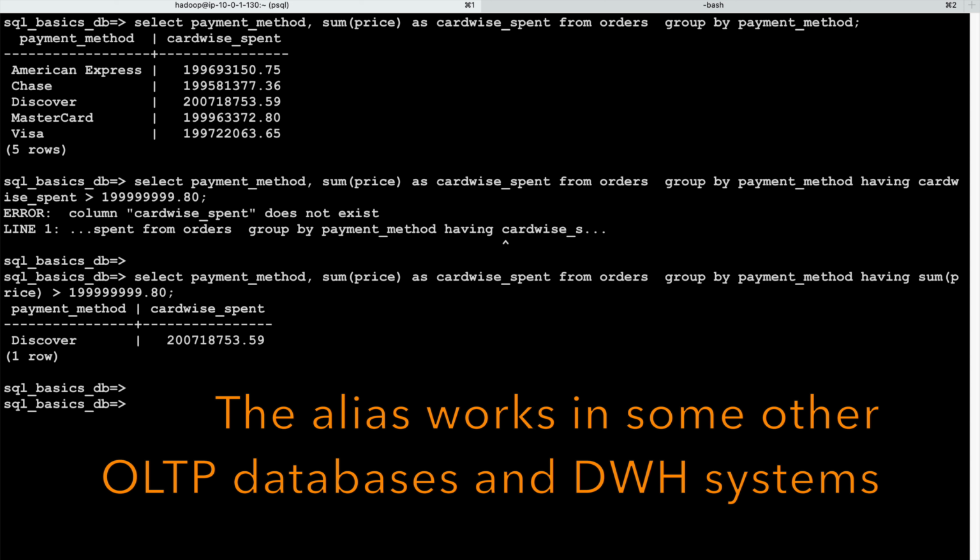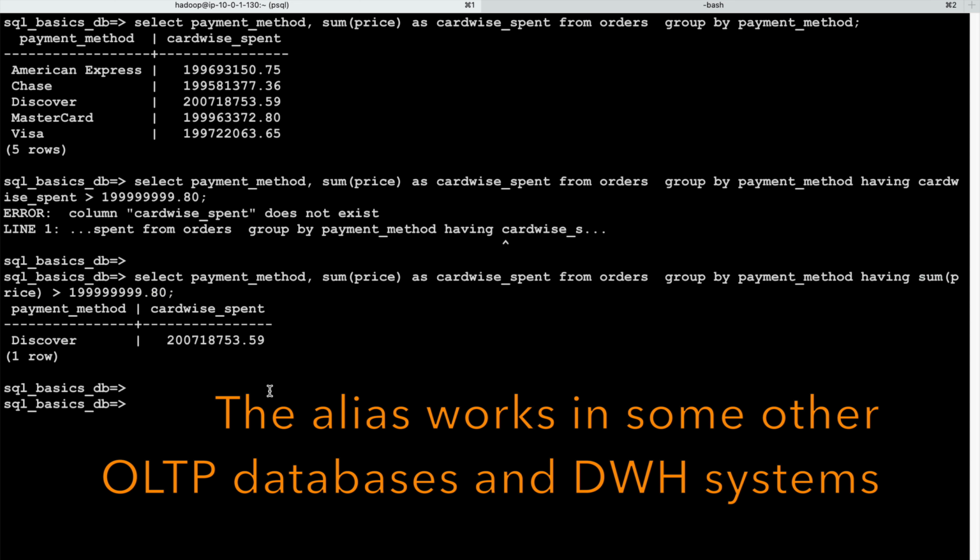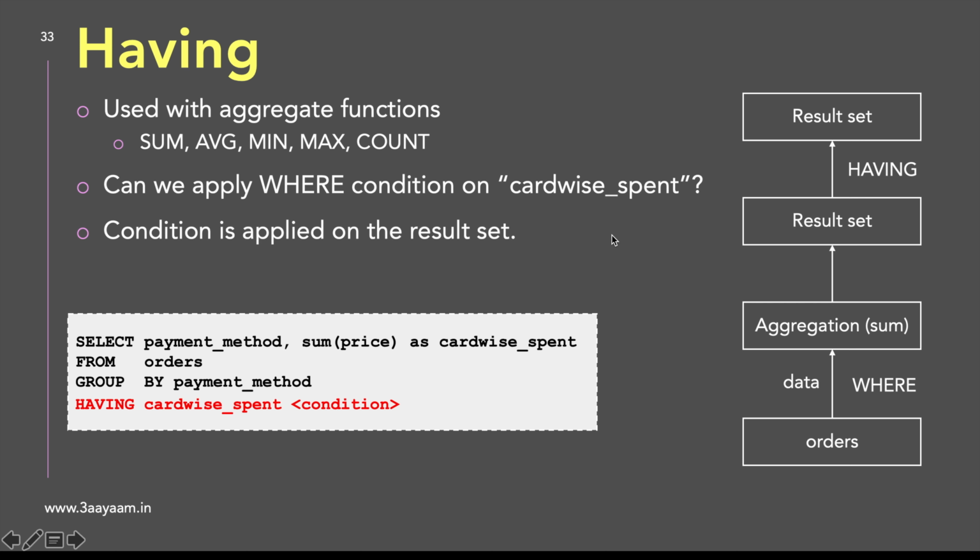As you can see, if I run cardwise spend, it says cardwise spend does not exist. But if we use the aggregate function, sum price greater than this, it is giving me only one output. What happens here is that the having condition is applied on the result set, and the result set already has the aggregation calculated. That's why the having condition does not take too much time to apply the condition and give back the results.